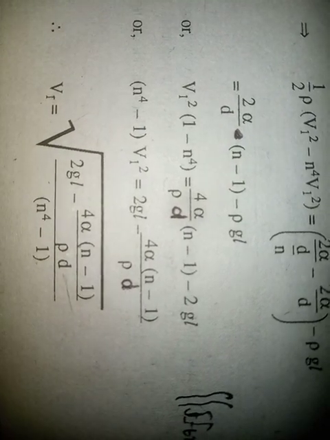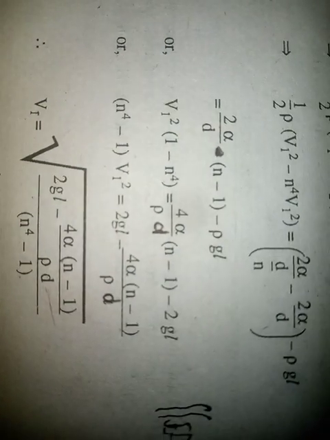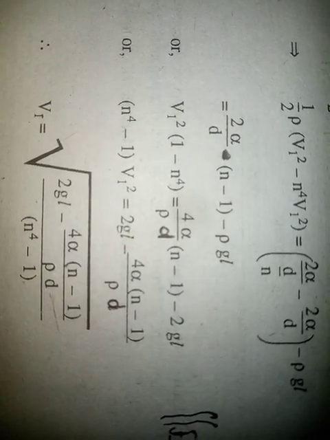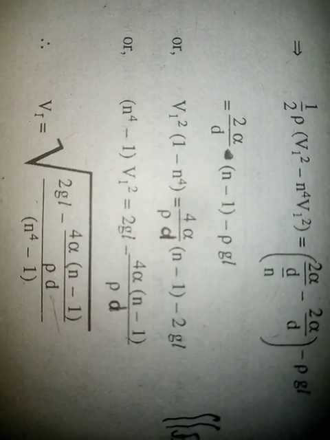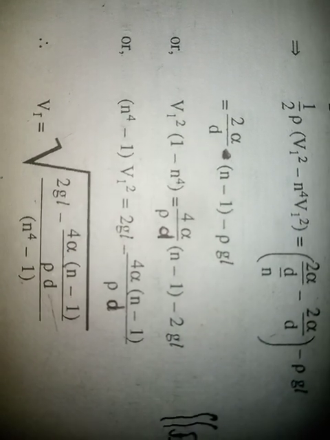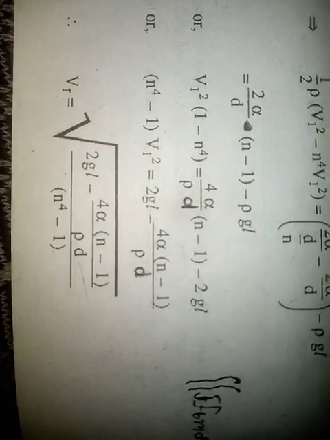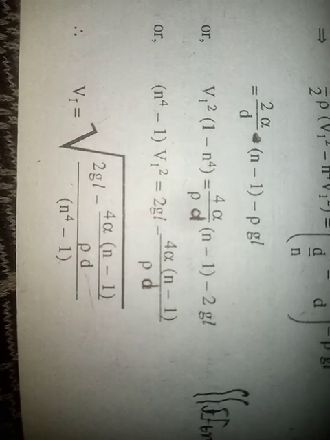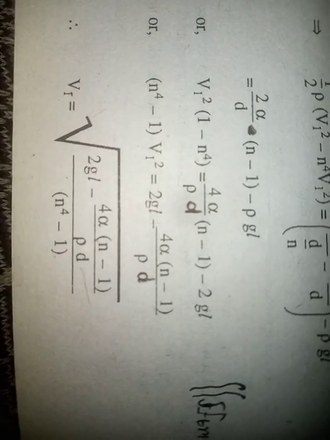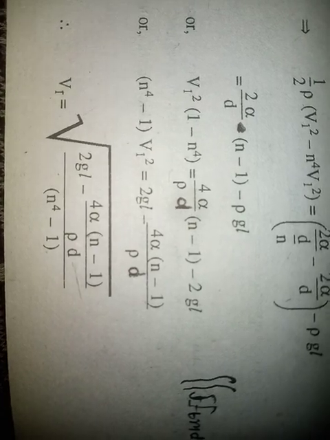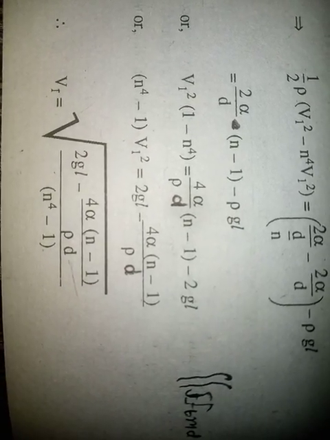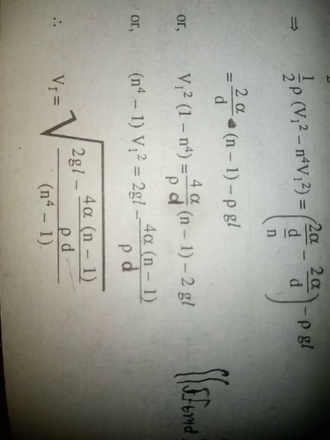This implies v1 squared into (1 minus n to the power 4) equals 4 alpha by (rho d) into (n minus 1) minus 2 g l, or (n to the power 4 minus 1) into v1 squared equals 2 g l minus 4 alpha (n minus 1) by (rho d).